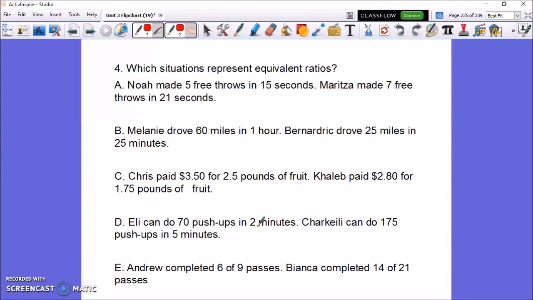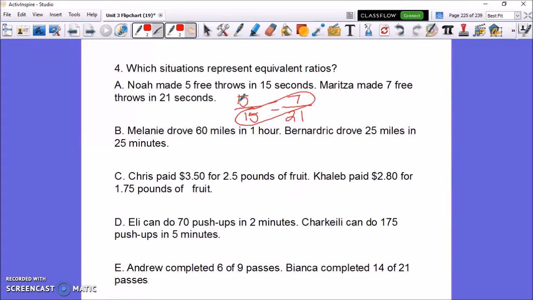So what we need to do is set up a proportional relationship. And we're going to do this in fractions. So Noah made 5 free throws in 15 seconds. So we're going to put 5 free throws in 15 seconds. All right, Maritza made 7 free throws in 21 seconds. So since we put our free throws on top, we will do the same for the next one, and then our seconds for the bottom. And then we're going to cross multiply.